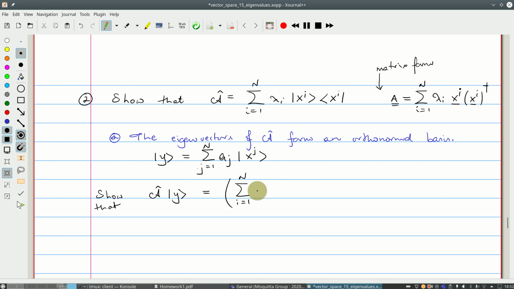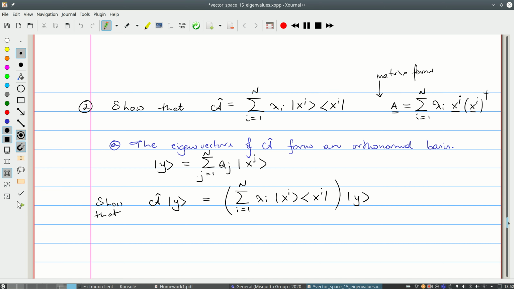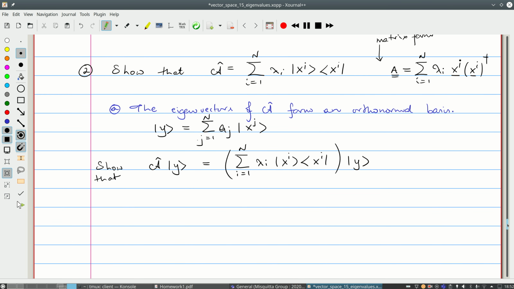That's what we are going to do. So that's the idea, right? We're going to show that this holds for any vector y, and therefore, if it holds for any vector y, then this A hat must be equal to this stuff in the parentheses. Okay, so let's take the LHS.